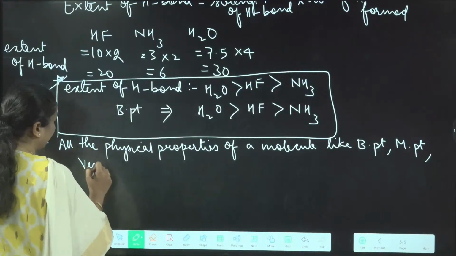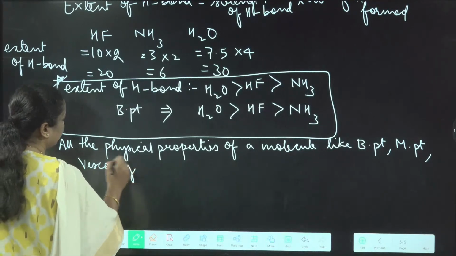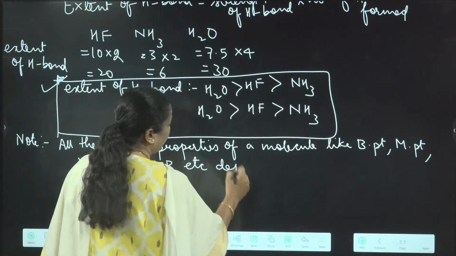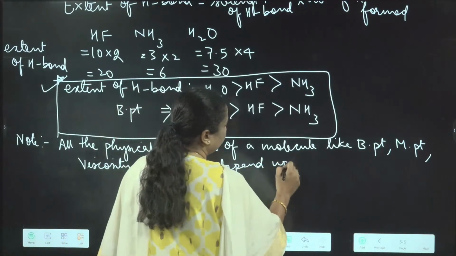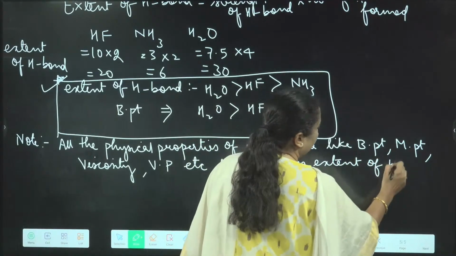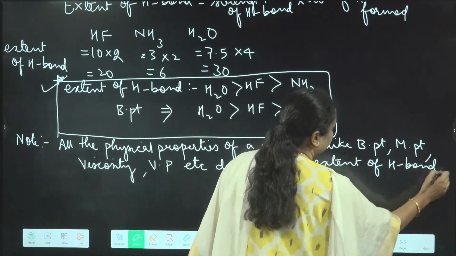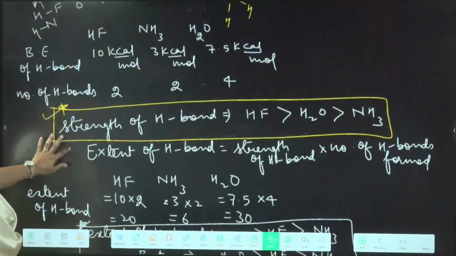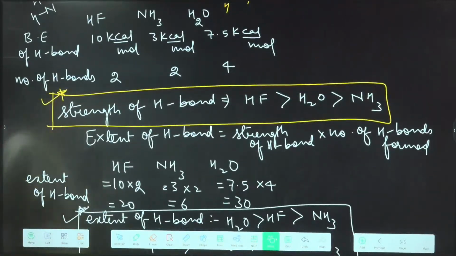Then you have viscosity, vapor pressure, etc. depend upon the extent of hydrogen bond. Please write this down, everyone. I think from here it is remaining. Please write it, then I'll scroll it up.